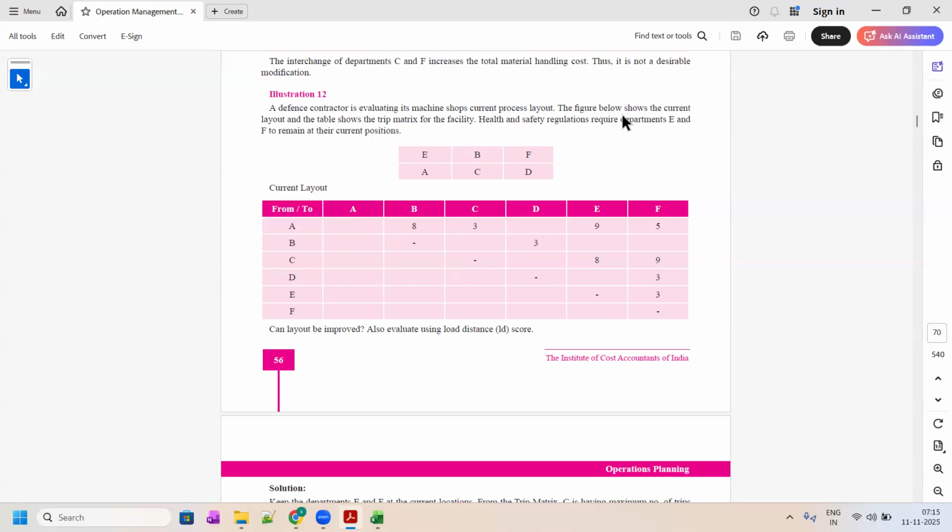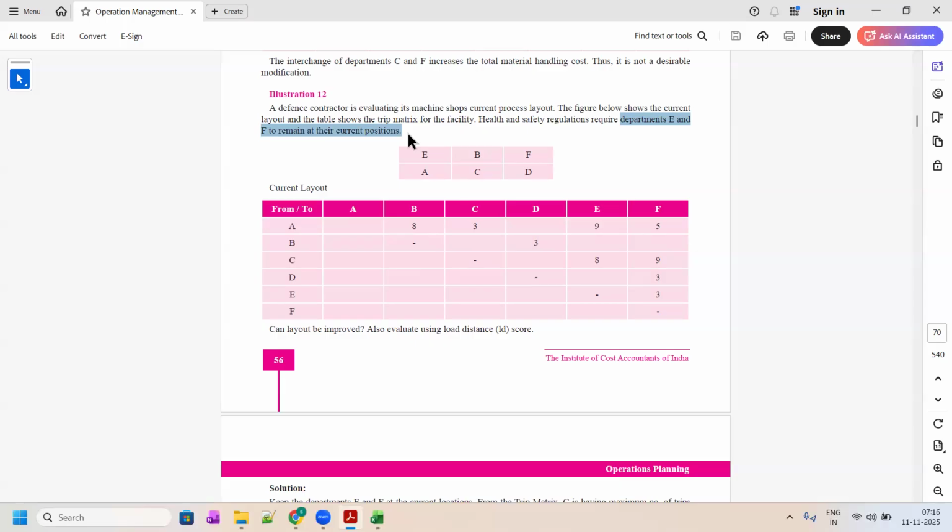Also, the problem states that departments E and F will remain in their fixed positions. You cannot interchange the position of departments E and F. So you have A, B, C, and D, and you can interchange their positions. Then you see whether you can improve this or not.